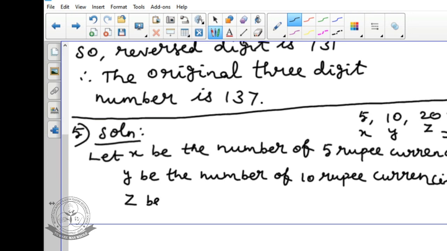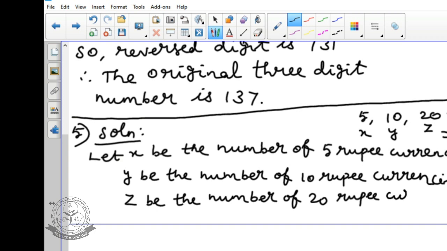Z be the number of 20 rupee currencies. We have to assume like that. Okay. X we assume as 5 rupee currencies and y as 10 rupee currencies and z be the number of 20 rupee currencies.